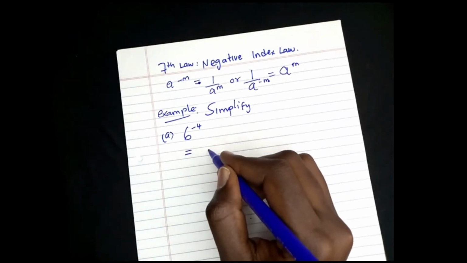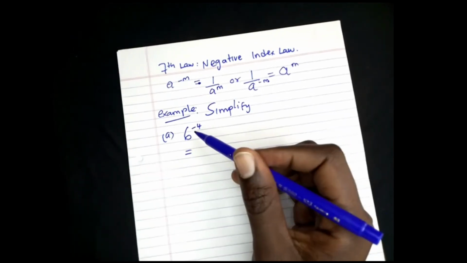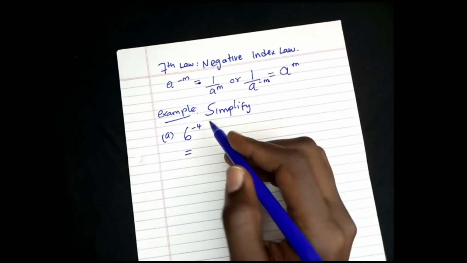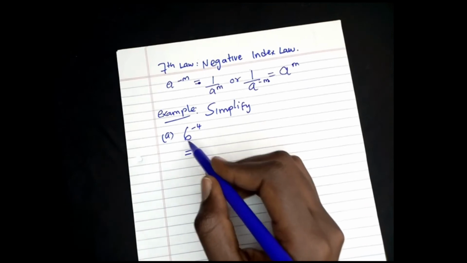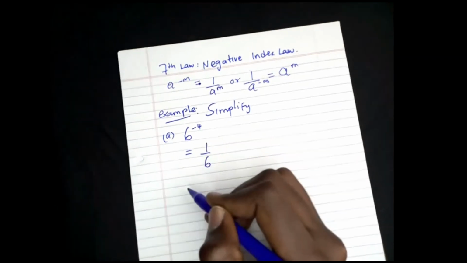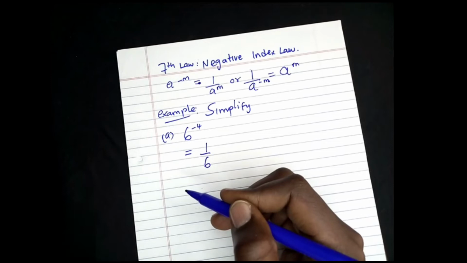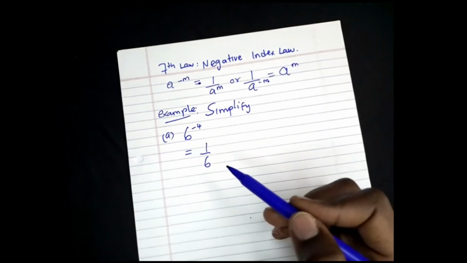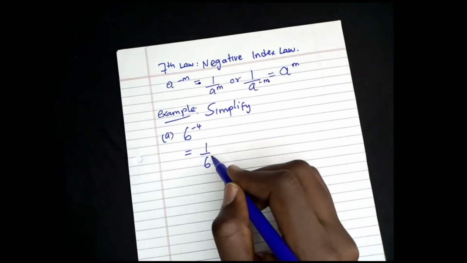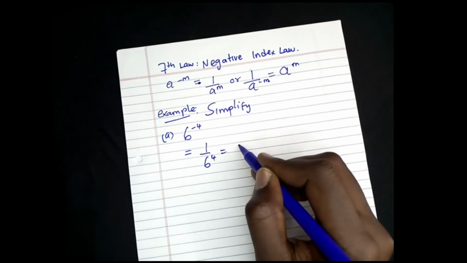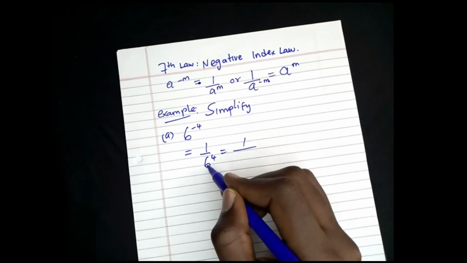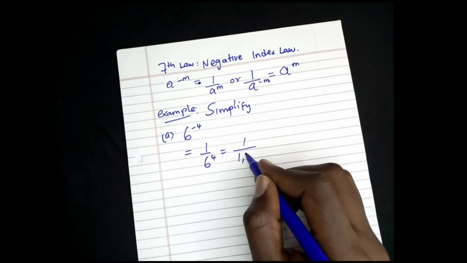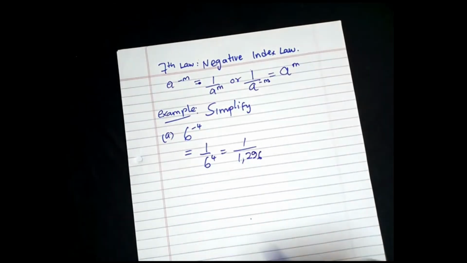This one, we have said that if any number, and our number here is 6, is raised to a negative power, it equals its reciprocal. What is the reciprocal of 6? It is 1 over 6. But the sign of the power changes and becomes positive. So when you put in your calculator 6 to power 4, you'll get 1296.